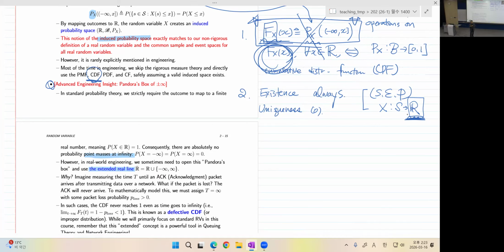Got it? So remember that what you learned here excluded plus minus infinity, so-called point mass at positive or negative infinity. However, at very rare times, you need that.